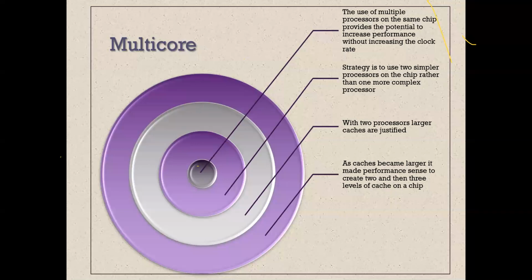In other words, as the performance increases, there's also a marked increase in the complexity of the system we are dealing with, and that has its own issues. For example, if the software can support the effective use of multiple processors, then doubling the number of processors almost doubles the performance. And that's the strategy that we use.